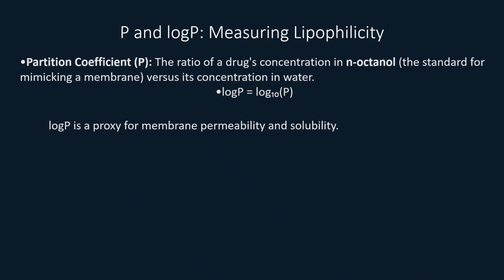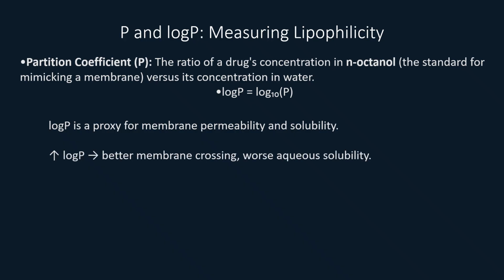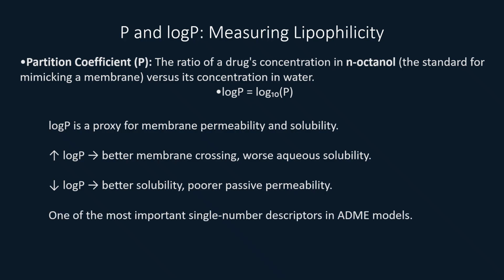In general, higher log P values are associated with improved passive membrane crossing but poorer aqueous solubility, while lower log P values favor solubility at the expense of permeability. For this reason, log P is one of the most widely used single-number descriptors in ADME analysis.